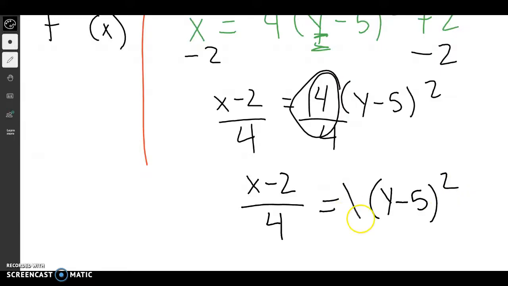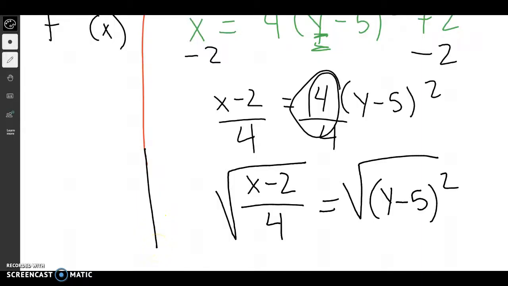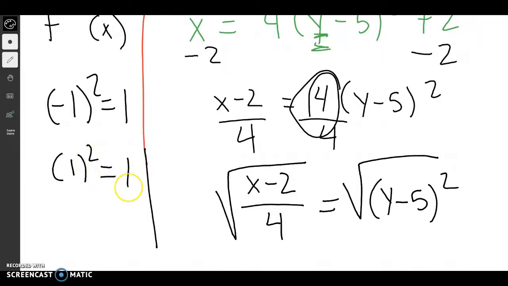I'm going to get rid of the square by taking the square root. Now the tricky part about this is you have to put a plus or minus. And the reason is because squares have this weird thing where 1 squared is 1, or negative 1 squared is 1, and 1 squared is 1.